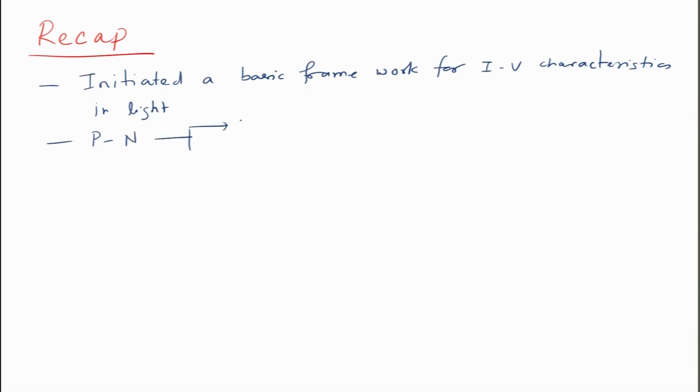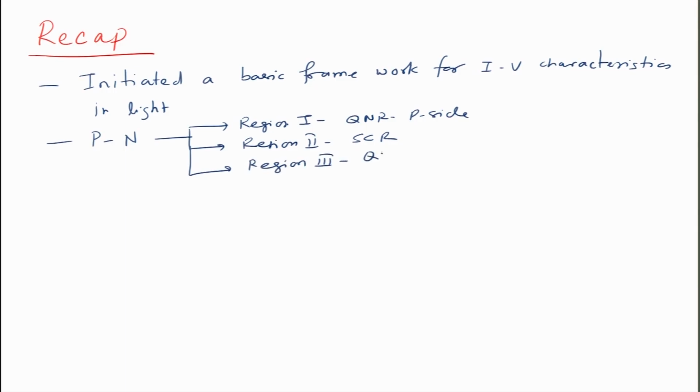We divided the device into 3 regions. One is region 1, the quasi neutral region on the P side. Then we had region 2, which is the space charge region, that is the depletion region, and then region 3, which is the quasi neutral region on the N side.